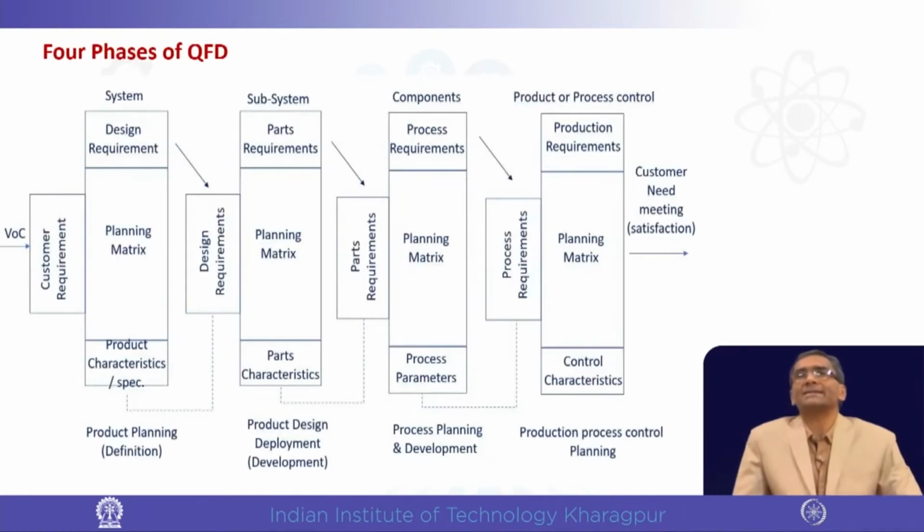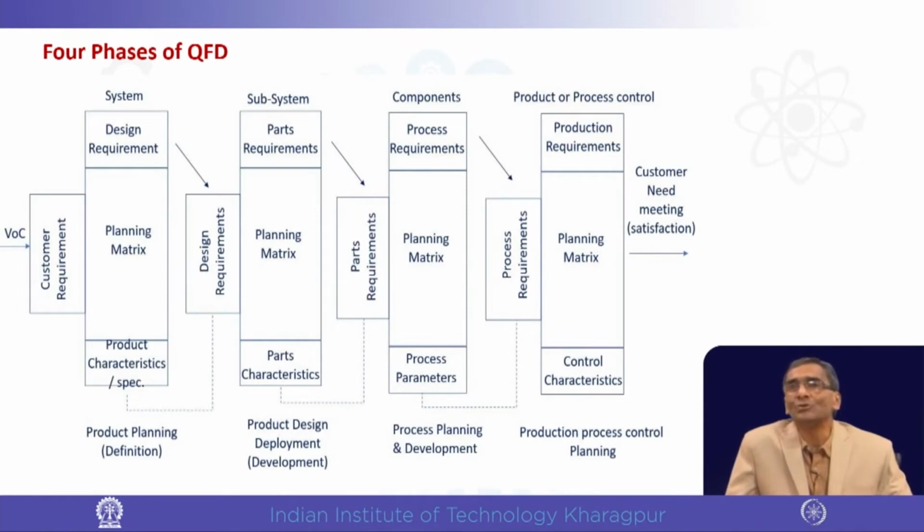Now, as I just said, these are the 4 phases. Here pictorially you can see those 4 phases. The voice of the customer is where we extract the customer requirements, and on top, as we already discussed in our earlier session, the design requirement is attempted to match.